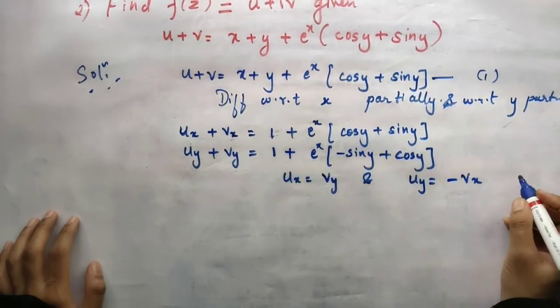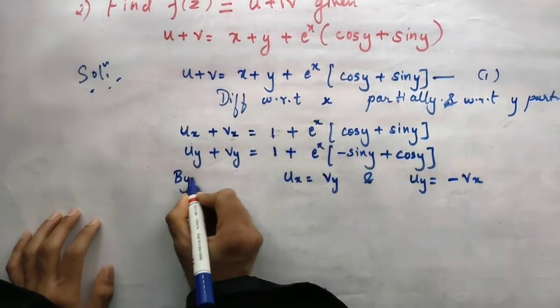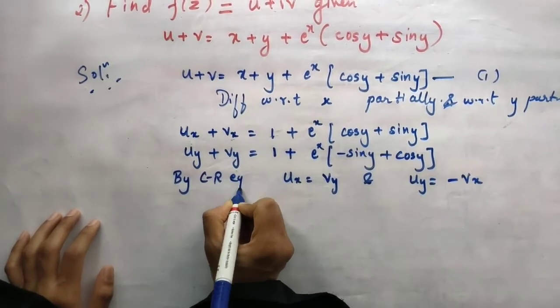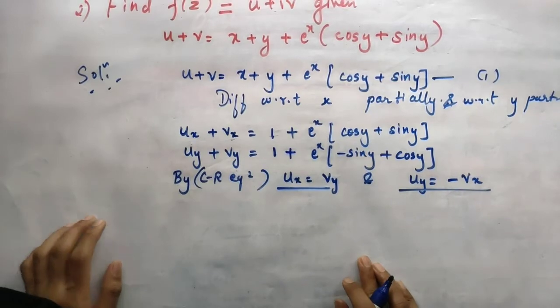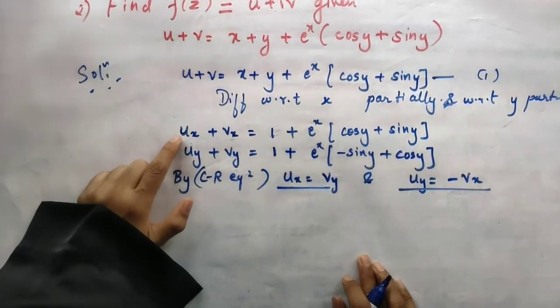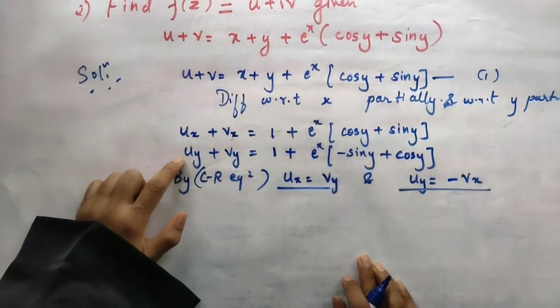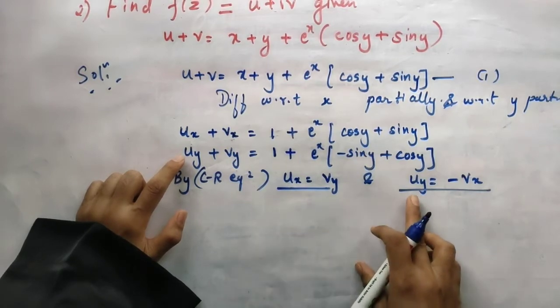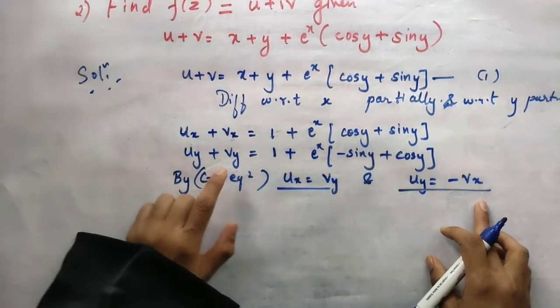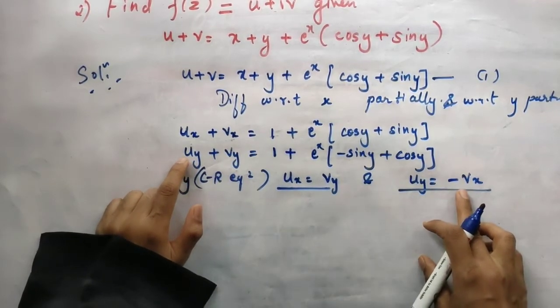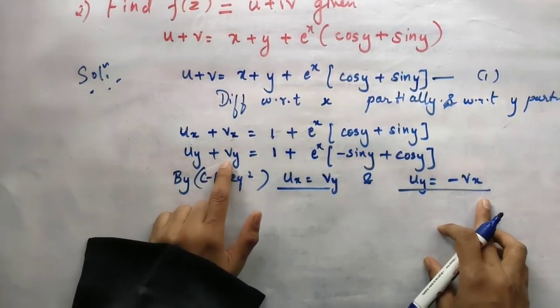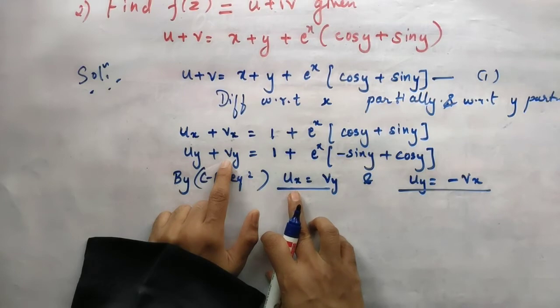Is it not? By CR equations, these two things we have. I'm going to keep the first equation as it is, but in my second equation I will replace u_y by minus v_x and v_y by u_x.